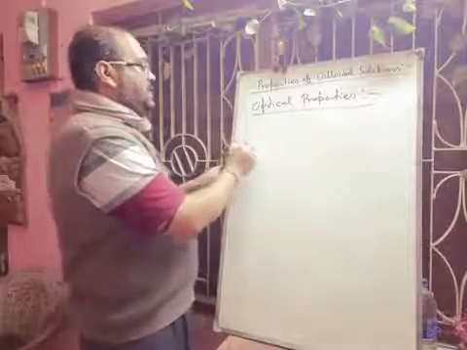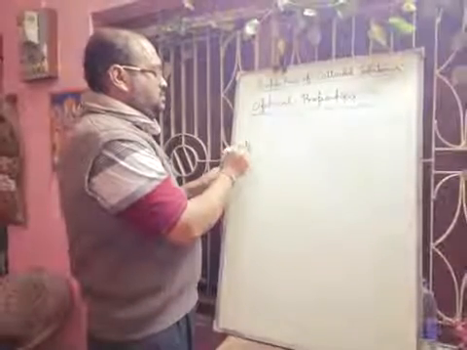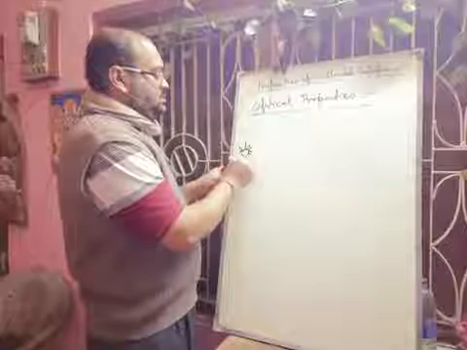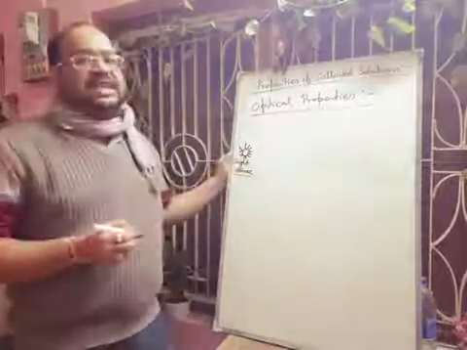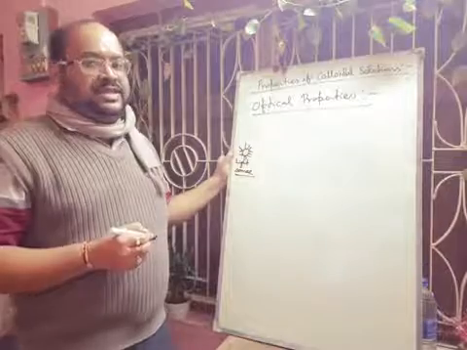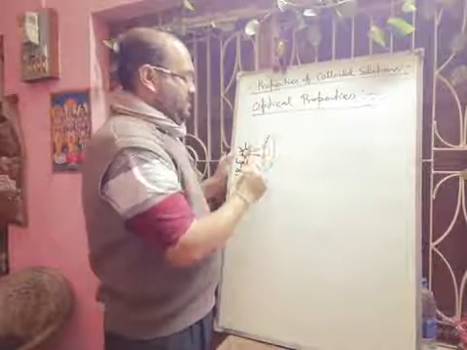So here will be one light source, from where light is coming, and this light we are passing through a lens. Here is one lens.